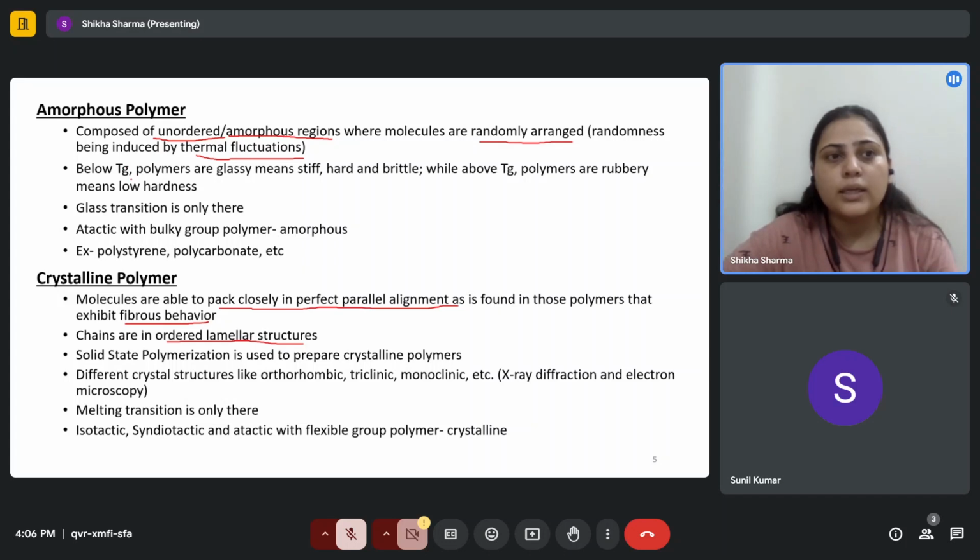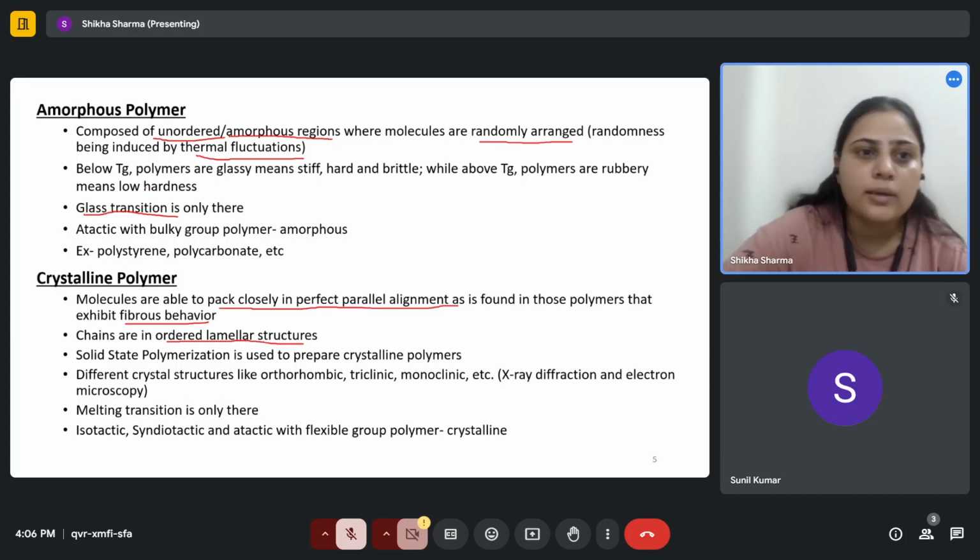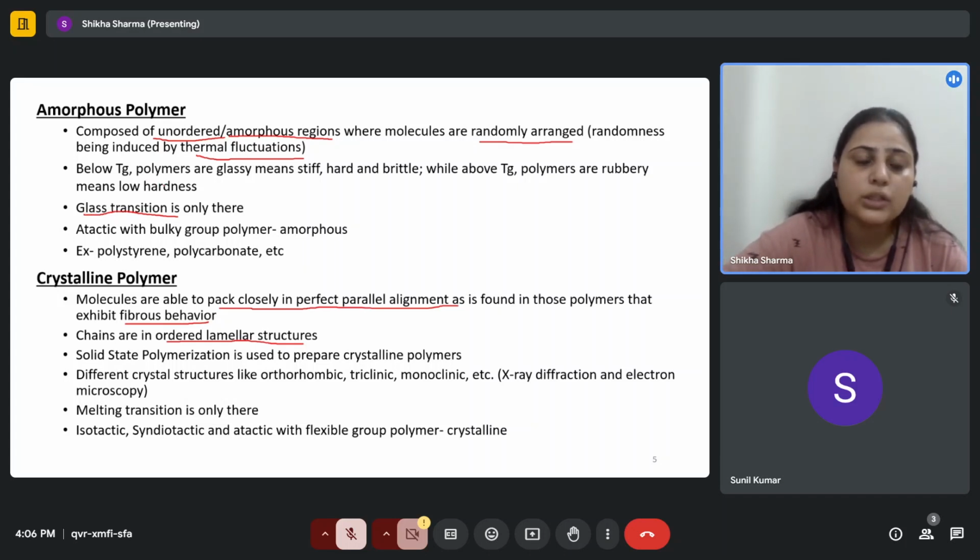Also, in the amorphous polymer, there is the concept of glass transition. There is a term known as glass transition temperature. So what is the glass transition?